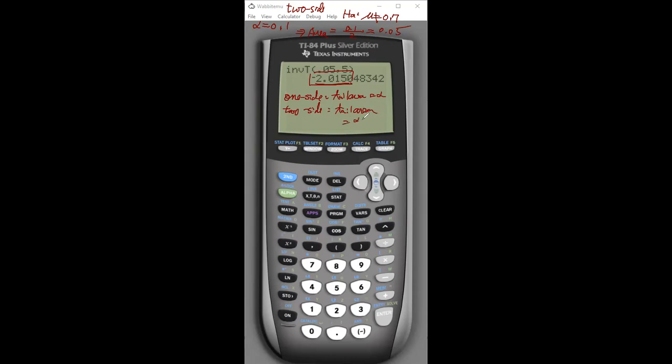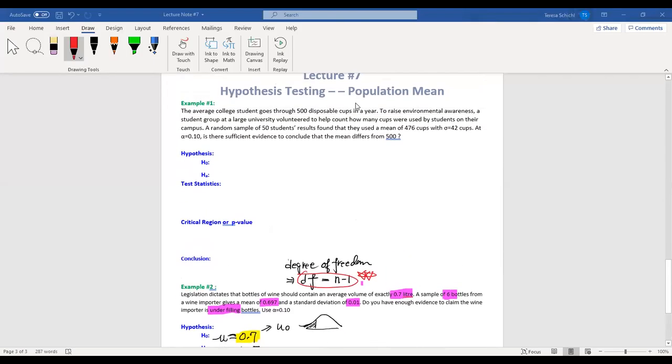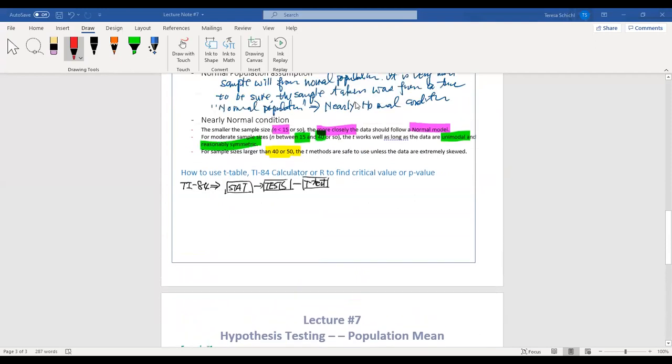It will be alpha over 2. So that's how we use the TI-84 calculator to find the critical values. Now let's go back to our lecture notes and see if we can write it down.